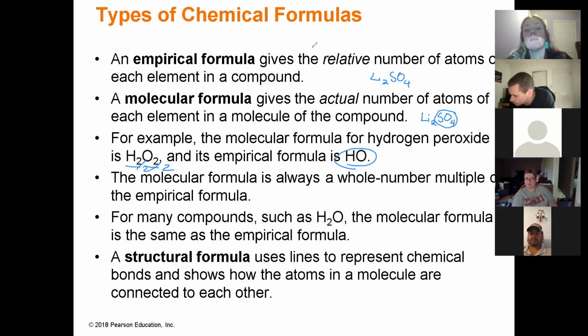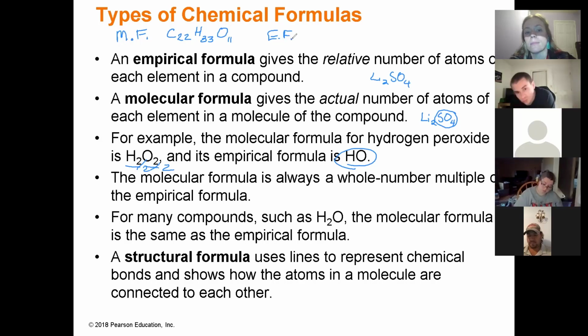So let's say I've got the molecular compound, or rather the molecular formula of C22H33O11. Okay, some made up compound. I want you to tell me, what is its empirical formula? If that's the molecular formula, what would be its lowest ratio?